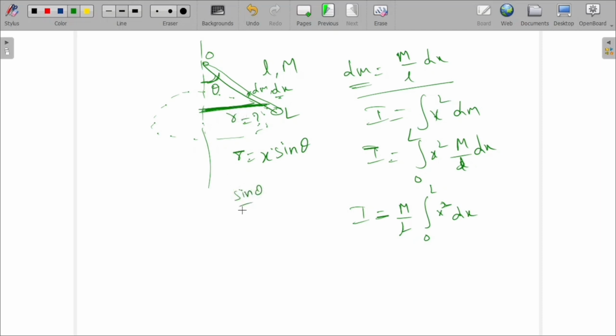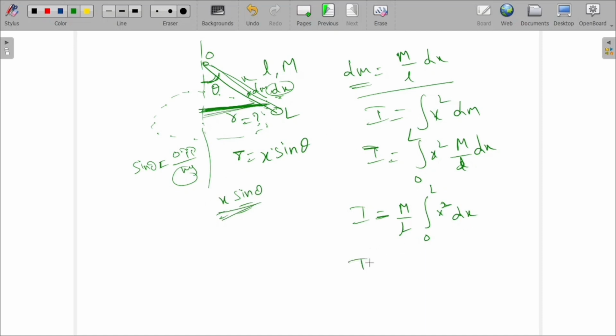What sine theta is it? It is x sine theta. Why is it x? According to sine theta equal to opposite side by hypotenuse. Here the hypotenuse, this distance we have considered, is at a distance of x, that's why it is dx. Okay, so the radius is x sine theta.